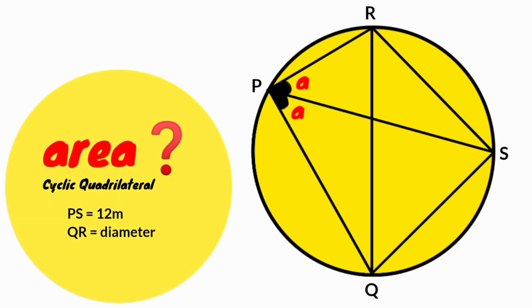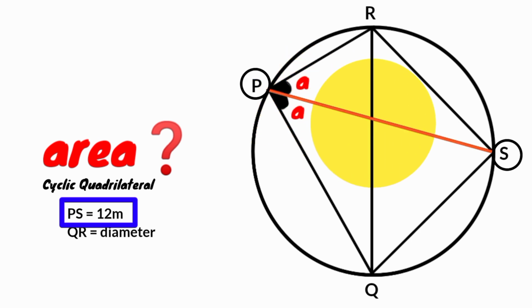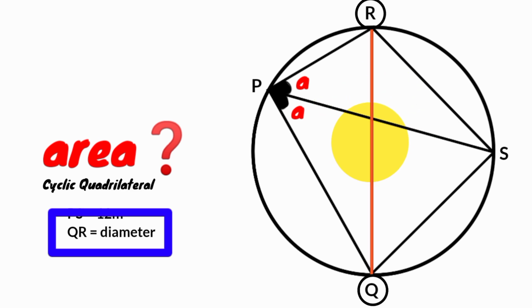Today, we are looking at a beautiful geometry puzzle involving a cyclic quadrilateral, a quadrilateral whose vertices lie on a circle. In the diagram, we are given two congruent angles at point P, each labeled A. We also know the length of line PS is 12 meters, and importantly, line QR is the diameter of the circle.